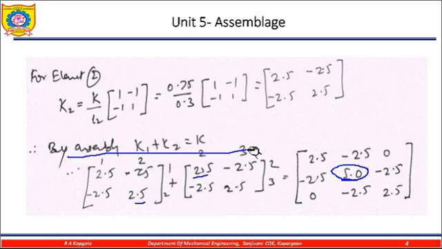This assemblage we have already studied in the previous example, but here again I have focused on it, and very easily we can go for the assembly of this matrix. This is the direct assemblage method.